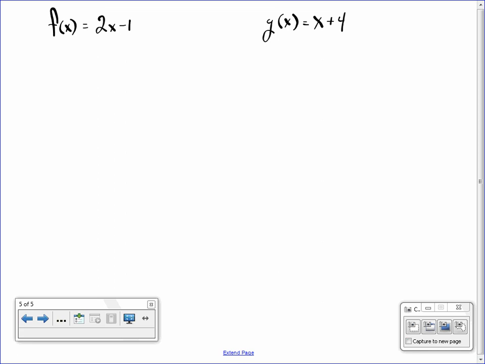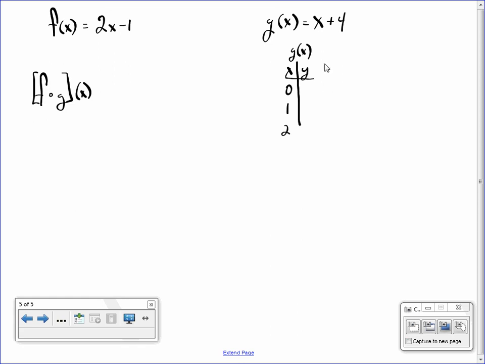Okay, now if I were going to do f composition G of x, that means that I'm going to be taking the G function and running it through here. So let's just come up with some numbers here for our G function. All right, this is G of x. And let's keep it simple. Domain and range. Let's just say 0, 1, and 2.